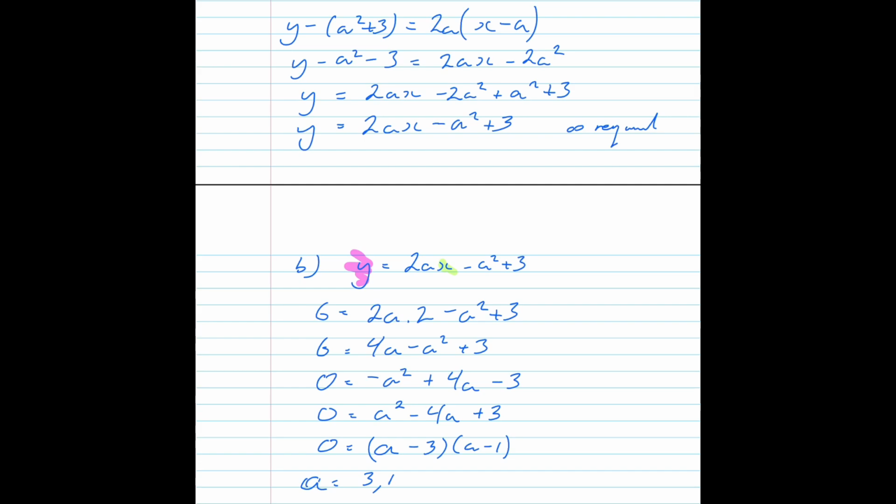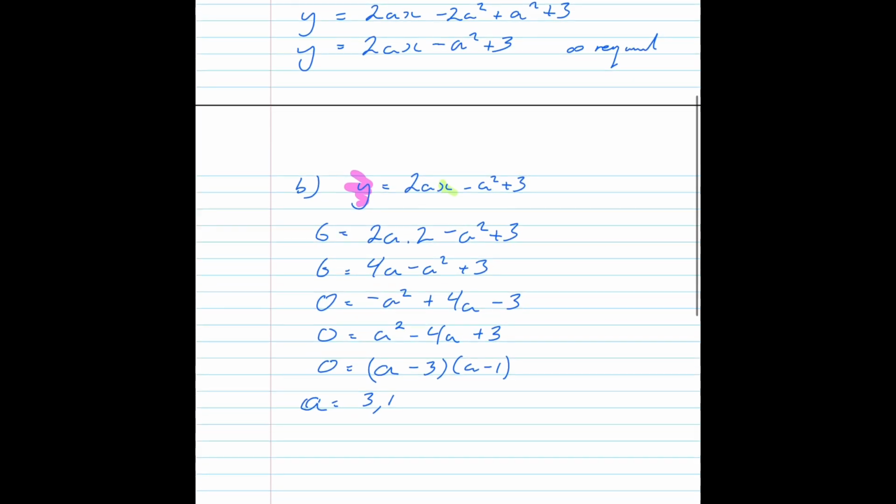Right. Those are our two x coordinates. The y coordinate corresponding to those, for the points where we've calculated our tangent line, would be a squared plus 3, since a is our x value. That'd be 3 squared is 9 plus 3 is 12. 1 squared is 1 plus 3 is 4.